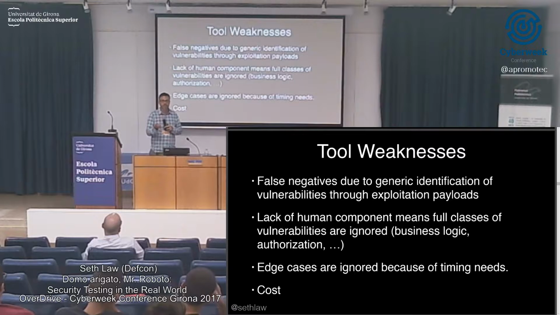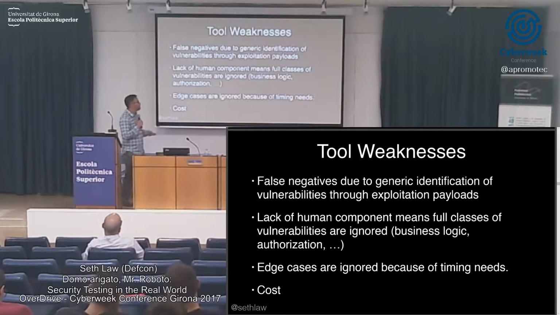A dumb tool doesn't know whether or not you should be able to access the administration functionality of a website. It just doesn't. Yes, you can do some things to attempt to determine whether or not this tool should have access to that site, but realistically, it's just going to crawl the application and send you back whatever data it knows about for the input and output. So there's certain classes of vulnerabilities that are ignored, those business logic ones.